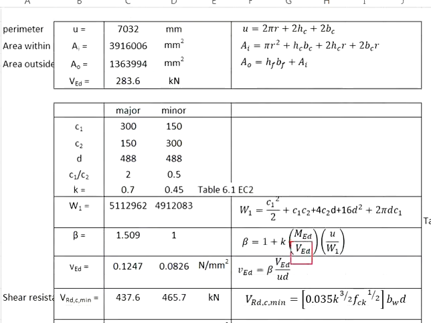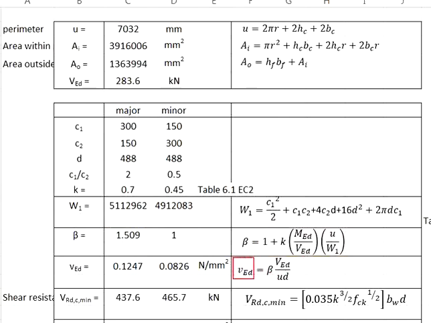You also have your V_Ed, which we have calculated just now, equal to 283.6 kilonewton. You have the u, which is 7032, W equal to this, and k equal to 0.7. Substitute the values into the equation, you get your beta in the major axis.